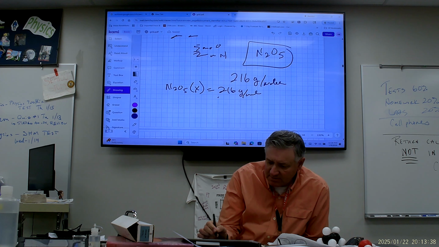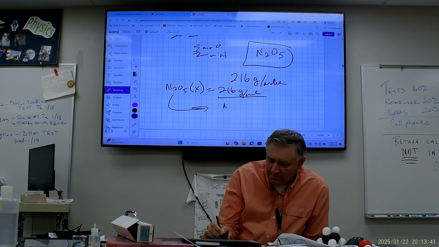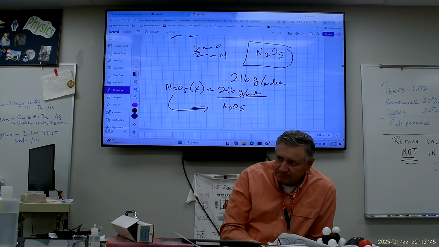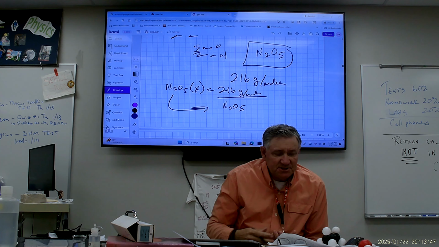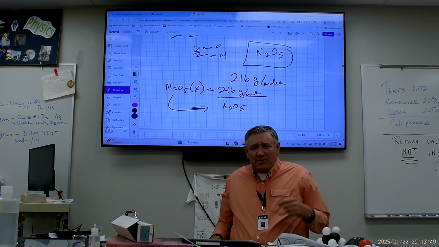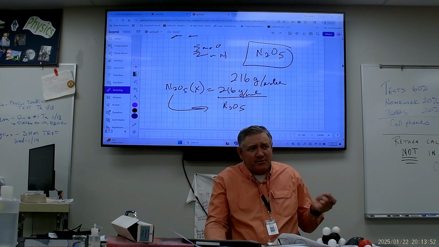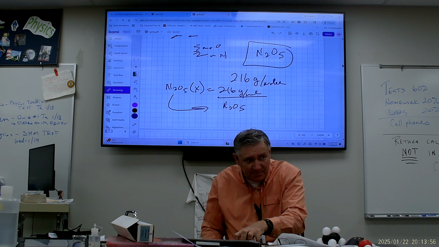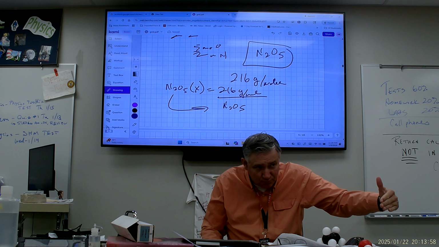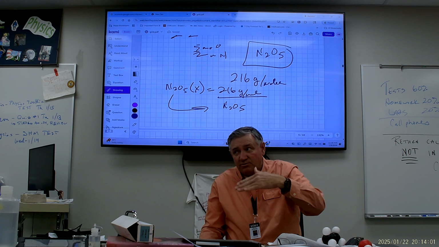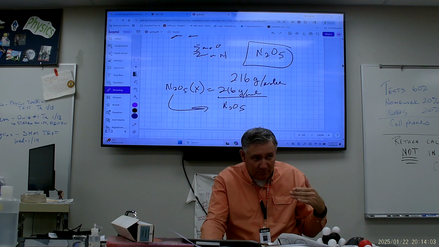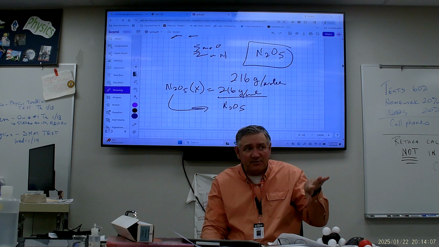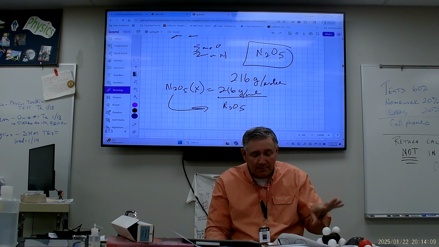Divide the 216 by the molar mass of your N2O5, that's going to get you a ratio. Okay? Now, if you do that ratio and you get something weird, like 3.5 or 3 1/3 or 0.8, you've done something wrong. Okay? This step, if you've done the previous steps right, this will always work out to be a whole number or something very, very close to a whole number. So if you do this step and you get a fraction, something's gone horribly wrong.